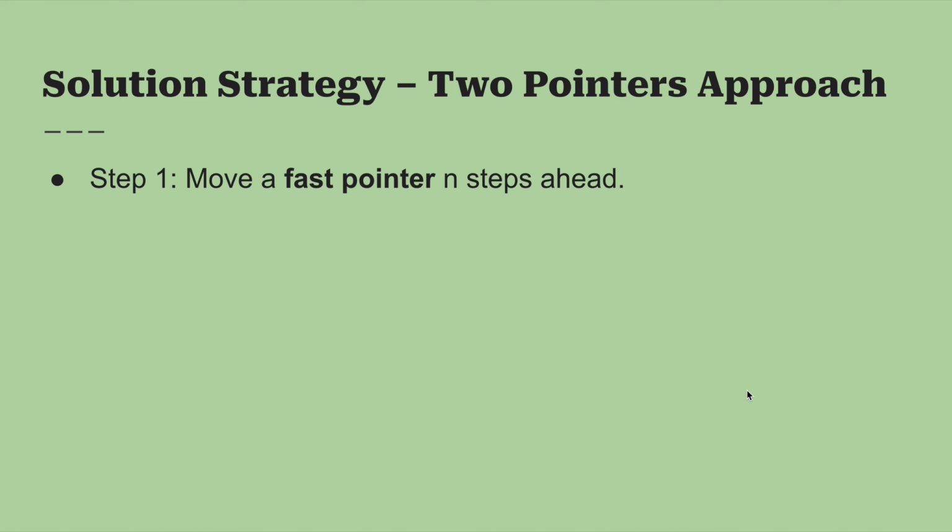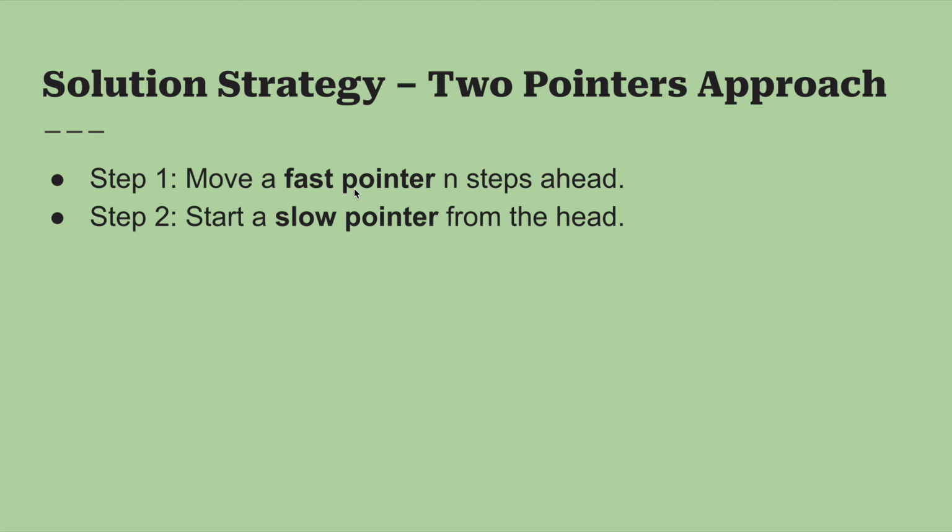When we move the faster pointer, we will move it n steps ahead. That is called the fast pointer. Then we'll start a second pointer that is called slow, and we'll start the slow pointer from the head.